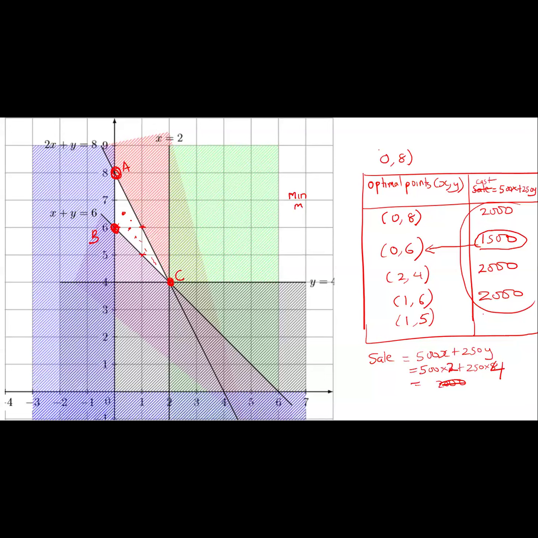But there is no need for you to mark them as long as you read off the coordinates very well. It is just for easy identification. Yes, as long as you have read them correctly from the shape that you have formed. Okay, thank you, sir.